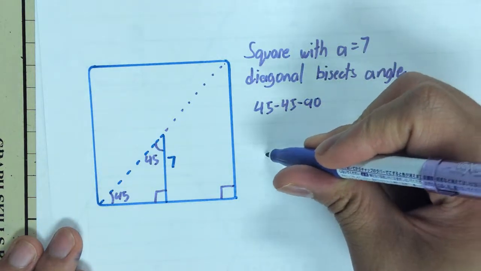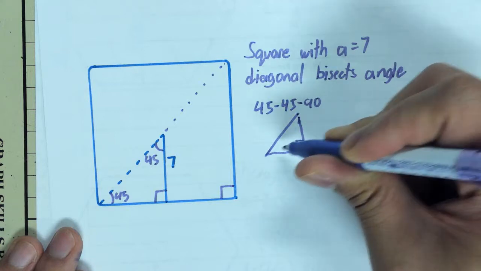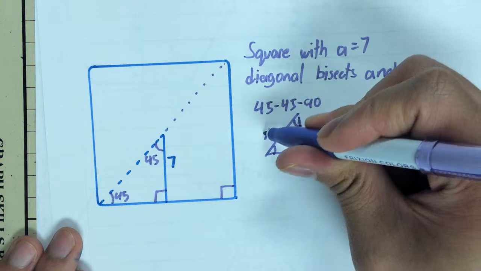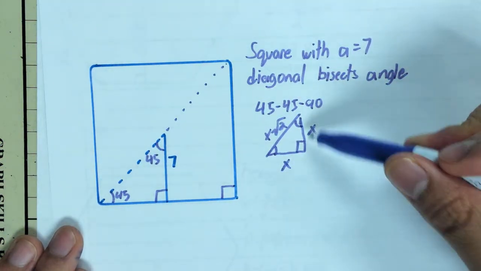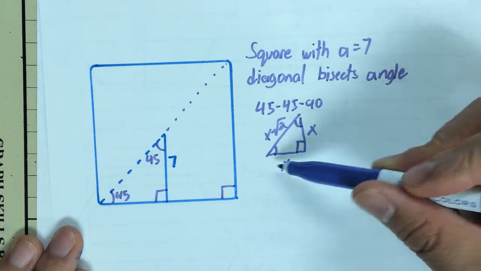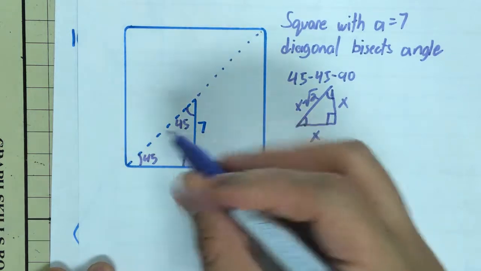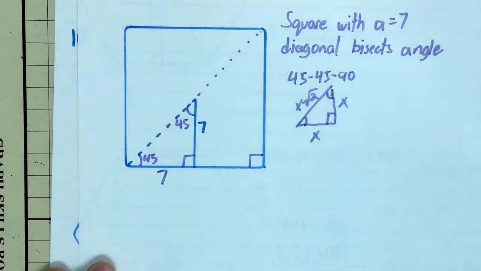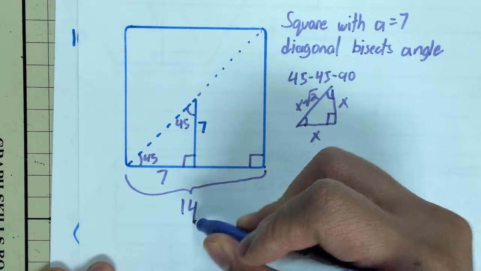In a 45, 45, 90, we have this pattern: this side of the right angle and this side with the right angle, these two sides are congruent. So which means if the apothem is 7, then down here is also 7. Which ultimately makes this whole side 14.